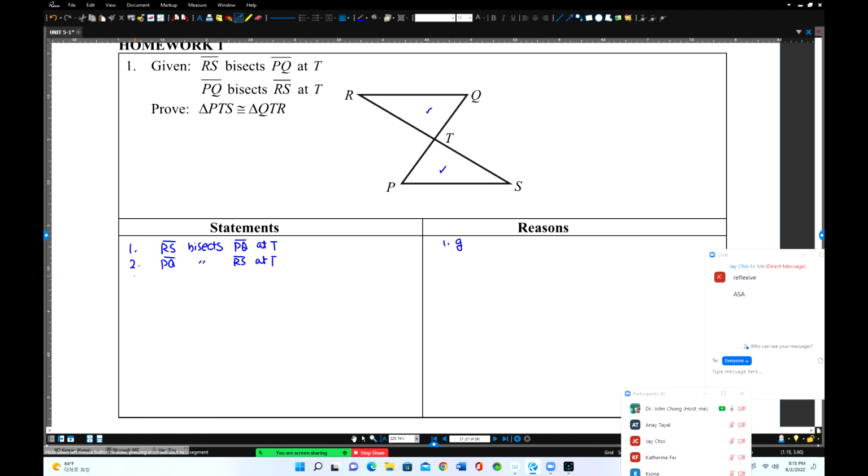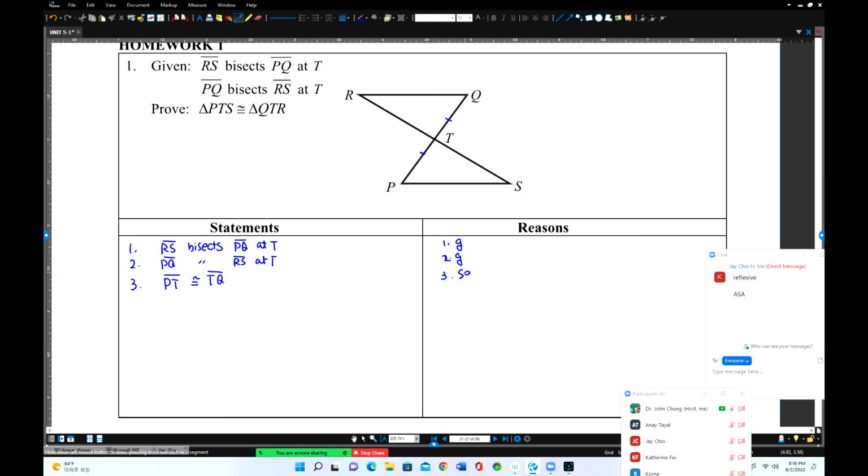Okay, using the given number 1 first, we're going to say RS bisects PQ. That means these two sides are congruent, okay? Now we're going to say PT congruent to TQ. The reason is what? This is a segment bisector.